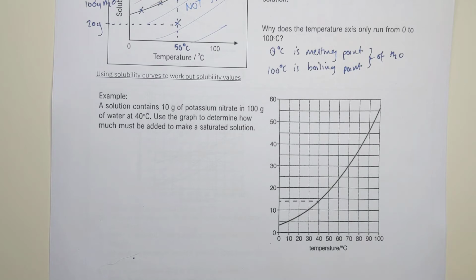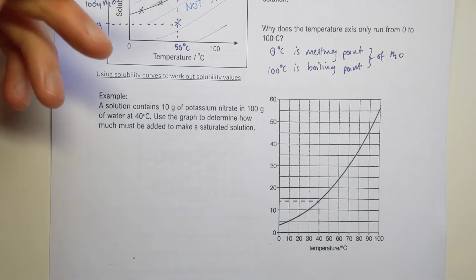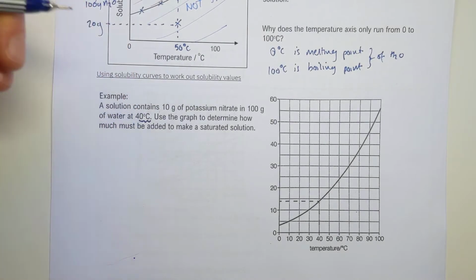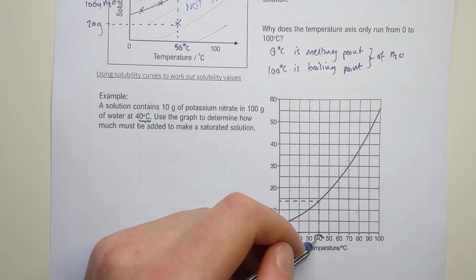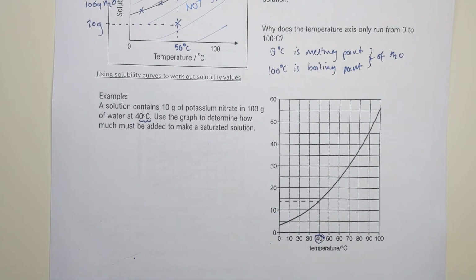So we've got a wee bit of information here. It tells us that we're at 40 degrees C, that's our temperature. So along this curve, there's only actually one point which is important, which is the 40 degrees C point on the axis.